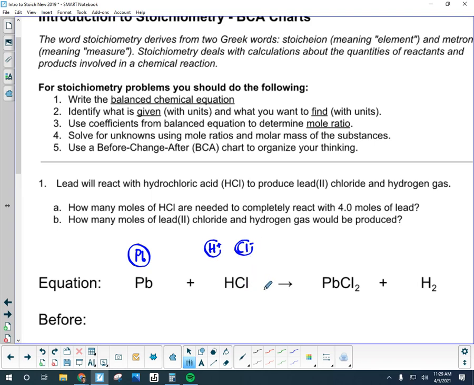So this actually would be aqueous. We could put AQ here, but that's fine. And those will react to make PbCl2. So here it did say that it's lead 2 chloride. So that means in this compound, it's got a +2 charge. So I'm going to write Pb2+.